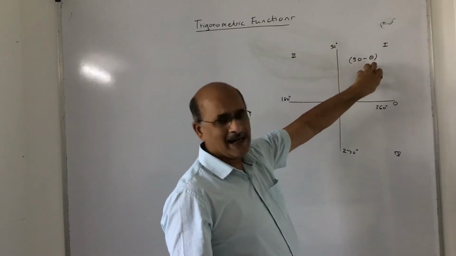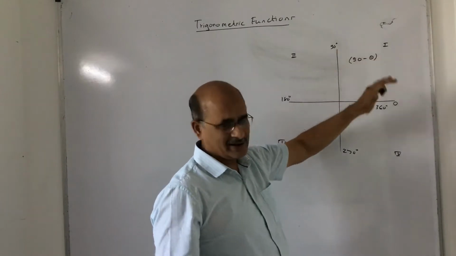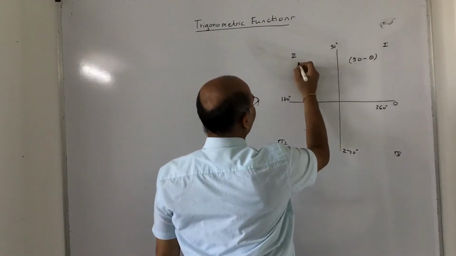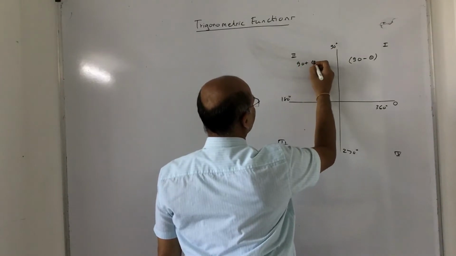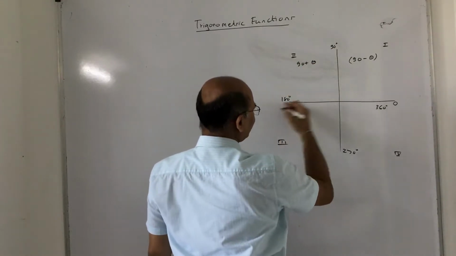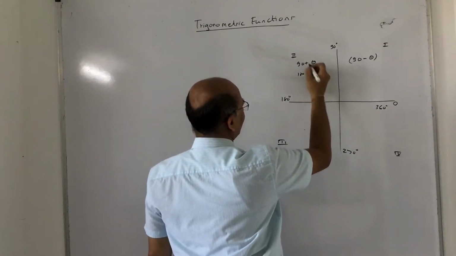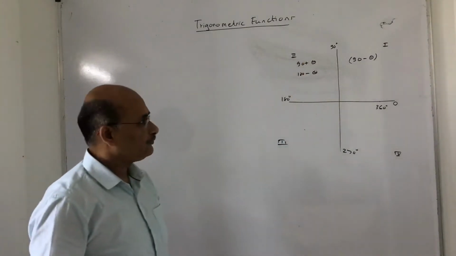How do you denote an angle in this quadrant? 90 minus theta, just for your understanding. In the second quadrant it will be 90 plus theta, right? Or you can say this is 180, so 180 minus theta, any one will be appropriate.